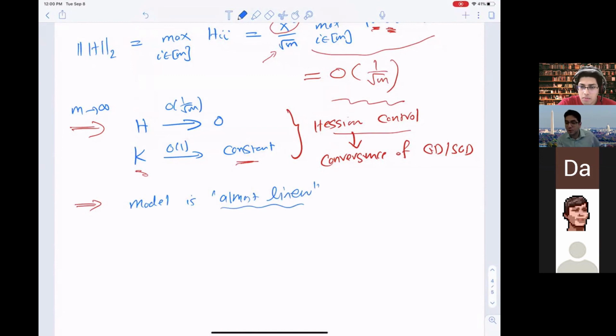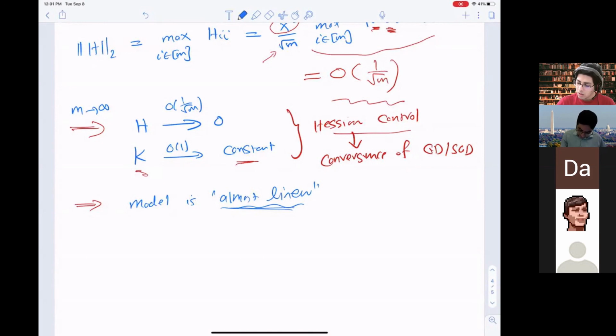And if your model is almost linear, then I knew from the very beginning that for a linear model with a convex loss, I can have convergence of gradient descent and stochastic gradient descent. So that is one limitation of these types of arguments, because even though it is very precise and shows that in the limit we approach these almost linear models, and we use those results to show convergence, there are some works that show there are limitations for this type of thinking in deep learning.